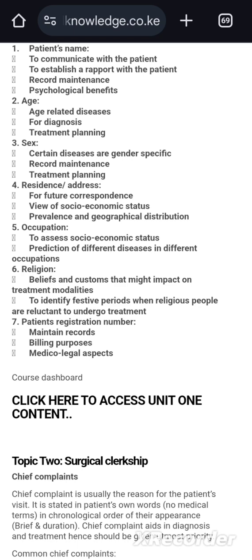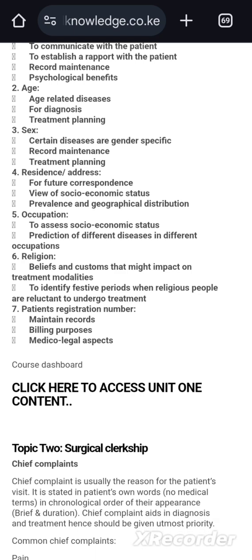Prediction of different diseases in different occupations. People who work in industries such as the lead industry, the chemical handlers, there are some respiratory conditions that are common with them, and this one is hazardous only to that particular person. So occupation will give us a rule-out possibility. If somebody comes with acute respiratory symptoms, we have to take the occupation to know whether this person is working in a lead company, and if not, whether this person is working in a health facility.